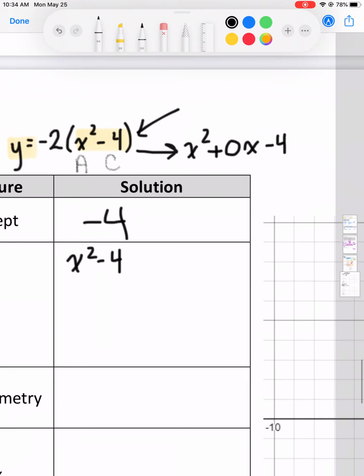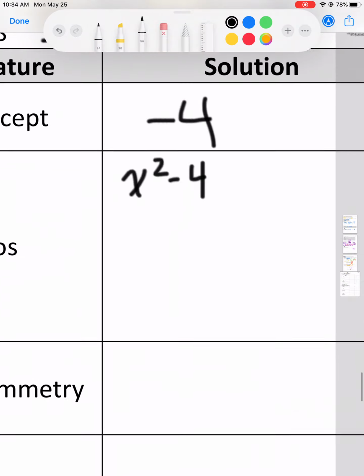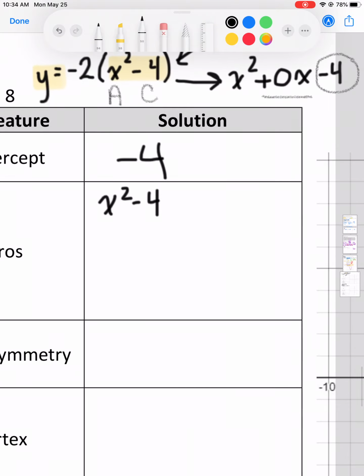So I really need to find two numbers that add to 0 but give me -4. That's a difference of squares. That's okay. So what are two numbers multiplied together that give me -4?